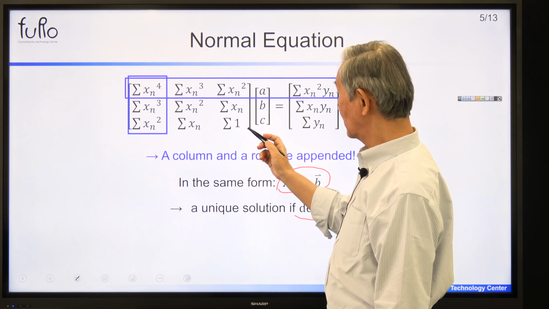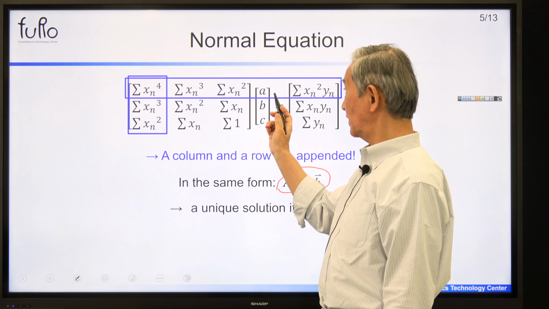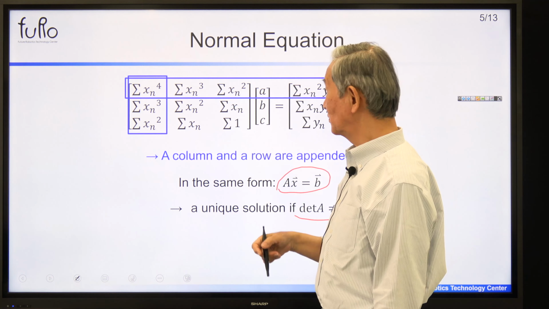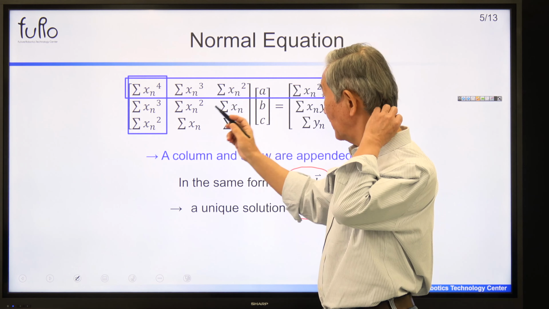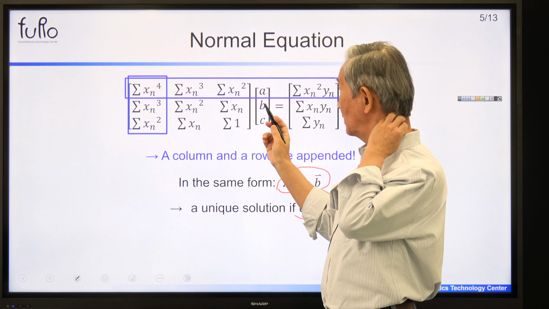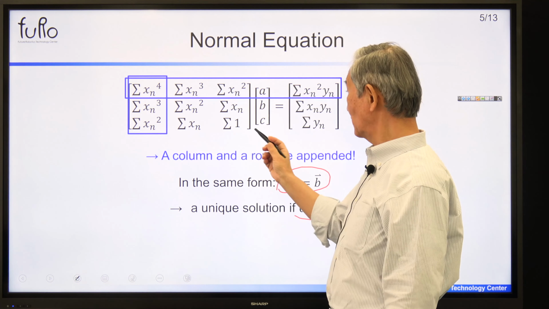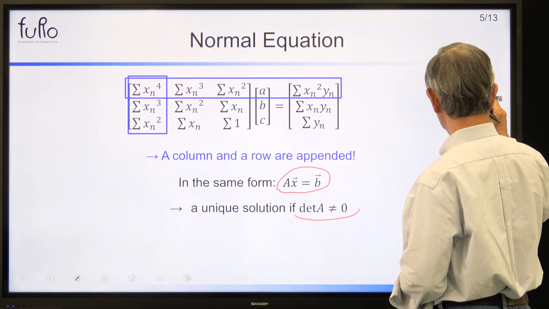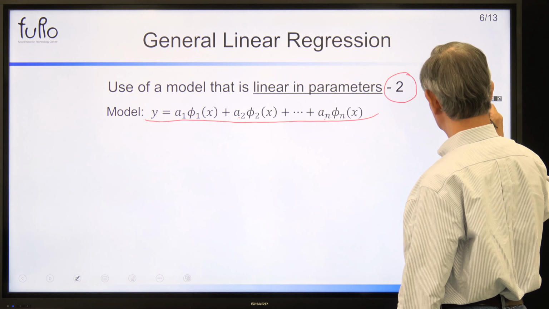So 1 was the coefficient of C, xn was the coefficient of B, xn squared was the coefficient of A. So that's what we had here, right? And if you look at this here, this y xn cubed, that is going to be the product between the coefficients of B and A. So in that respect, this is the product of the C coefficient itself. And this is what we got.